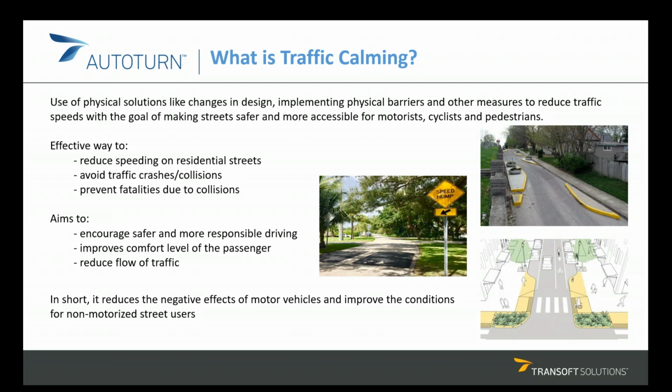Traffic calming in general aims to encourage safer and more responsible driving, helps to improve the comfort level of the passenger, and also potentially reduces traffic flow and accidents. So in short, traffic calming helps eliminate the negative effects of motor vehicles on the road and improves the condition for non-motorized street users.